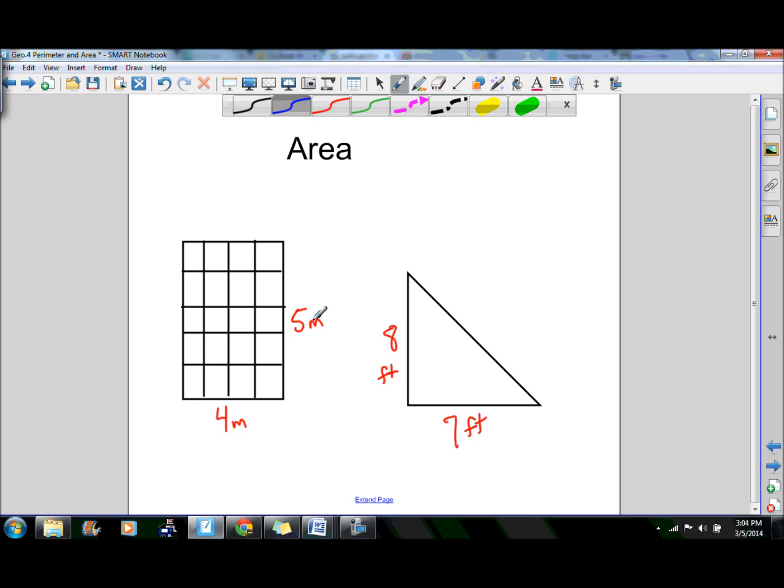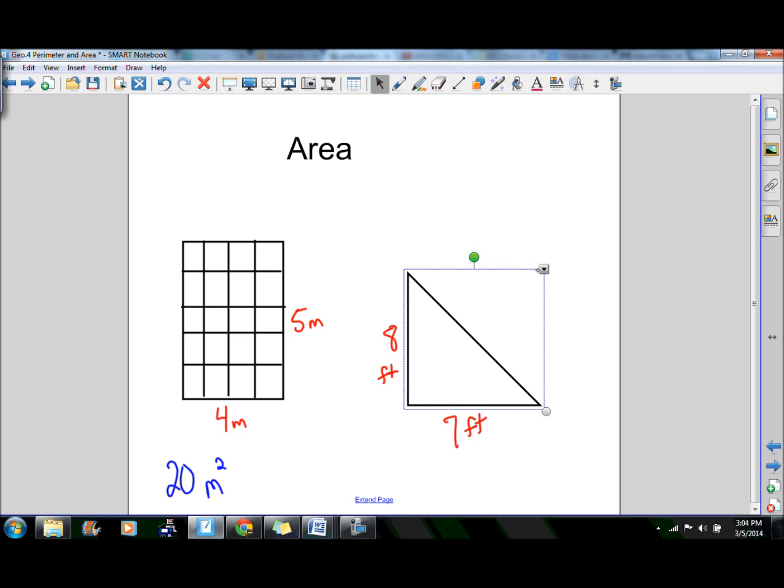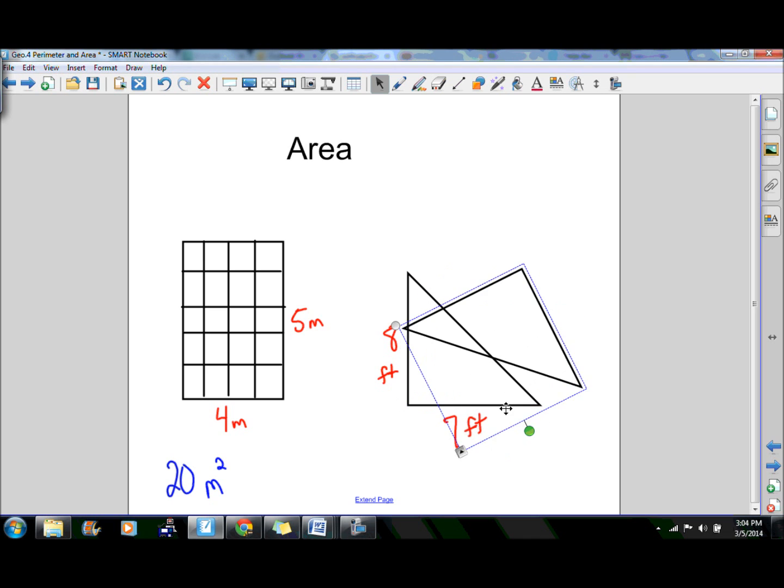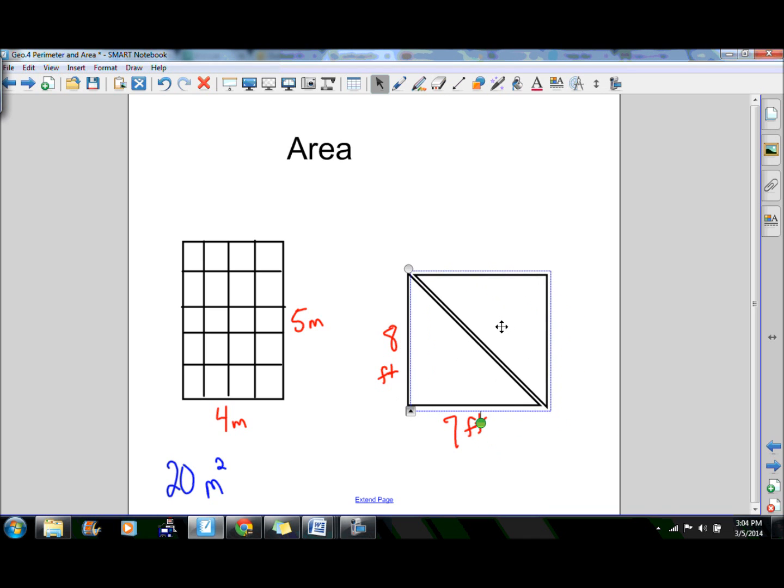But 4 times 5 would also give us the answer of 20, but here's the trick. It's got to be meters squared in order to work on this problem. Okay? Triangle, by definition, then, if I took this triangle and I cloned it and I rotated it, I could actually make a rectangle and fit the figure.